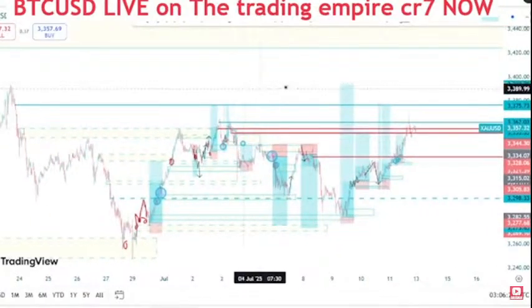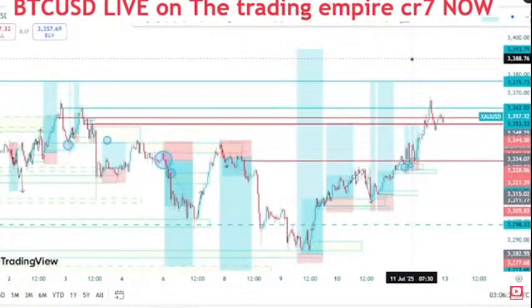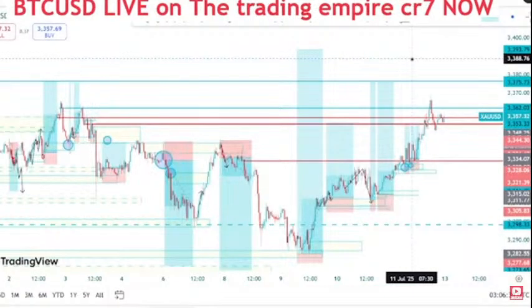So now it's going to be there on the Trading Focus, this channel, and even from the week after next week, we are going to be live on the Trading Focus, the Trading Empire CR7, so that's where you are going to be following us on the chat, so that you can take those opportunities to take those trades. Then the Trading Focus will be also back to only education purpose.